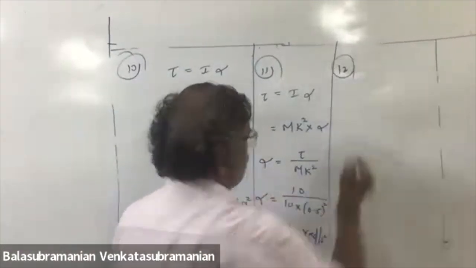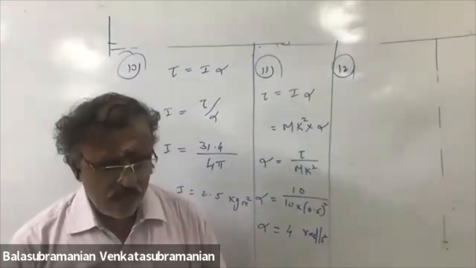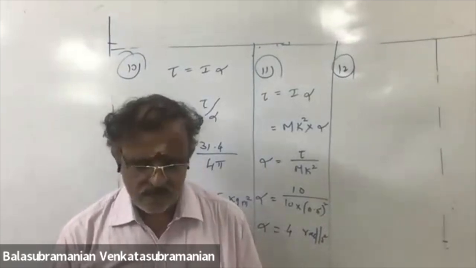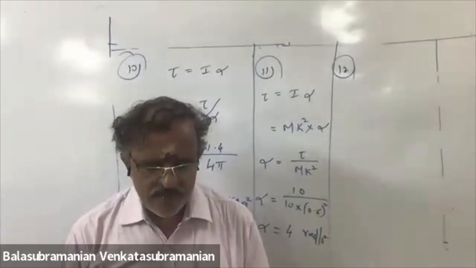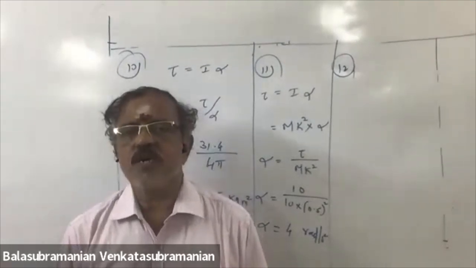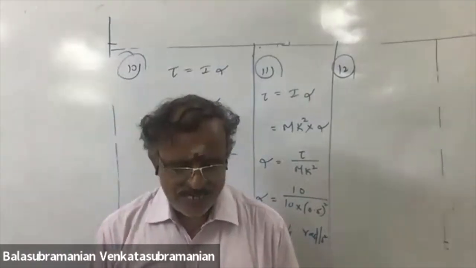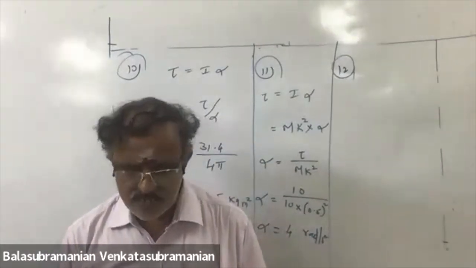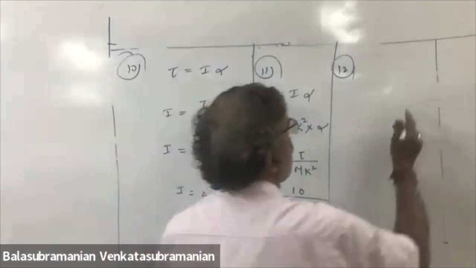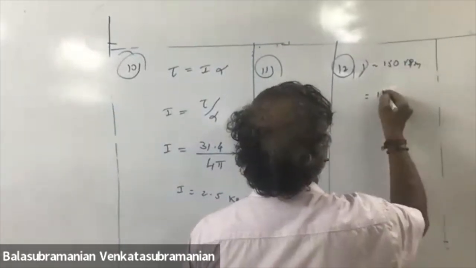12th one. A grindstone has a moment of inertia 6 kilogram meter square. Constant torque is applied and the grindstone is found to have a speed of 150 rotations per minute 10 seconds after starting from rest. Calculate the torque. Number of rotations: 150 rotations per minute.